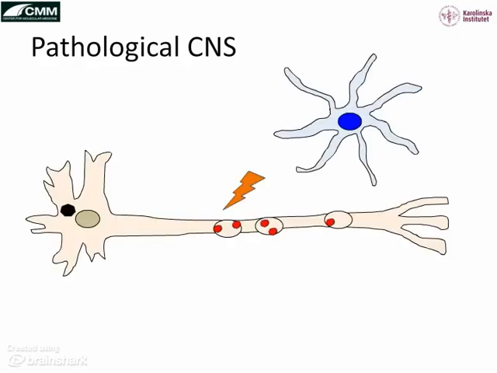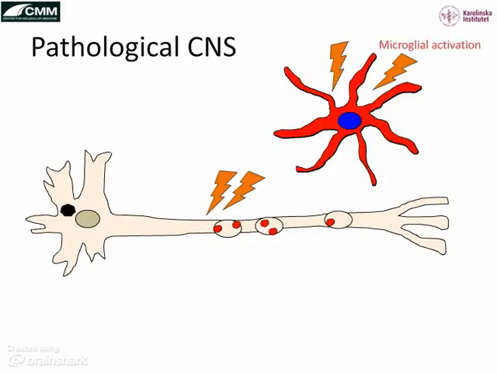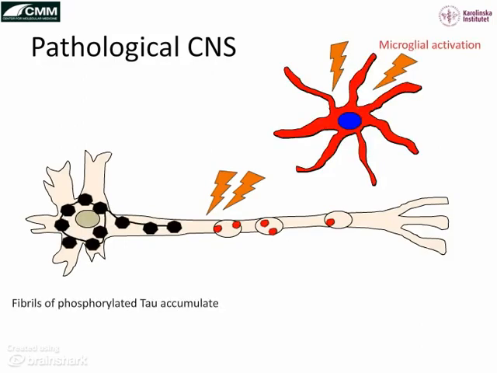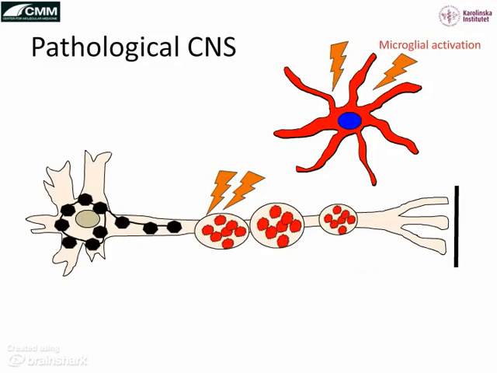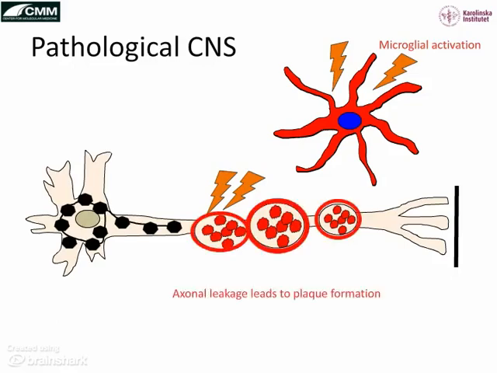So in a pathological setting, you have the same type of processes occurring, but they will occur a lot more. There will be a lot more stress induced by inflammation. This will cause a microglial activation, and this will be accompanied by much larger deposition of the amyloid protein, building of phosphorylated tau fibrillary networks, and axonal leakage from the amyloid depositions, which will then lead to the Alzheimer's plaque formation.